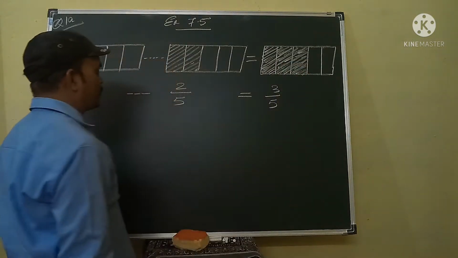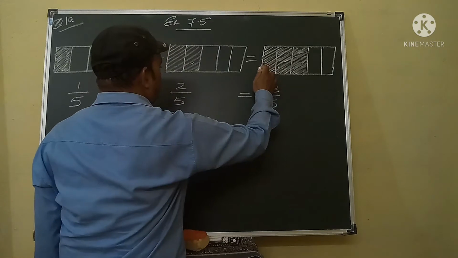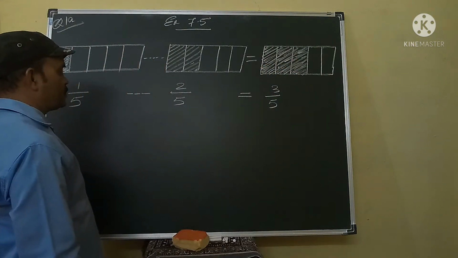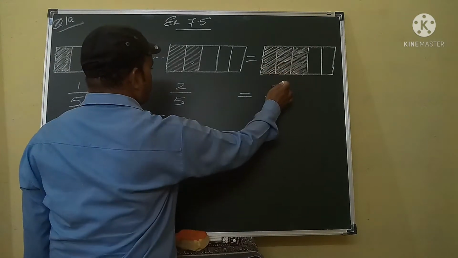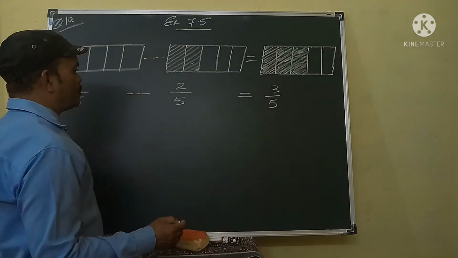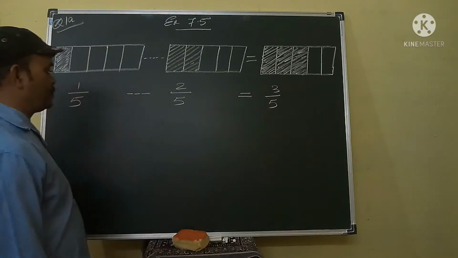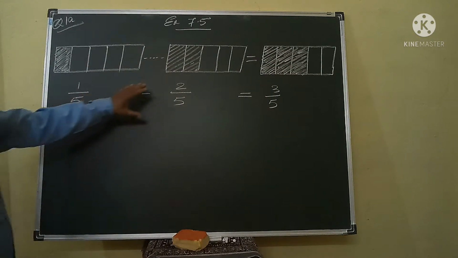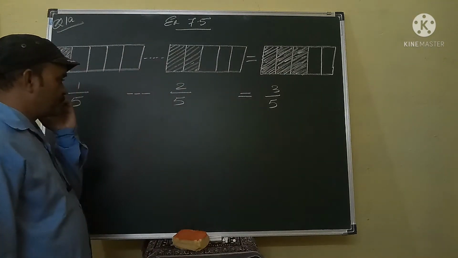Out of these 5 equal parts, only 3 blocks are shaded. So the fractional part of the shaded portion is 3 upon 5. As you are looking, this is 1 upon 5, this is 2 upon 5, and this is 3 upon 5.